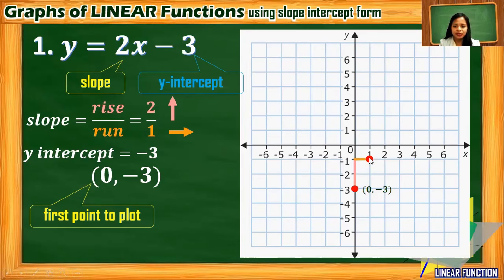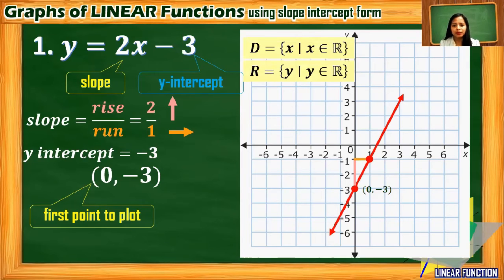In here, this is our second point. So if we are going to draw a line, this will be the graph of our linear function y is equal to 2x minus 3. And that is the diagonal line. And for the value of our domain and range, we have the domain is equal to any real number. And the range is equal to any real number.